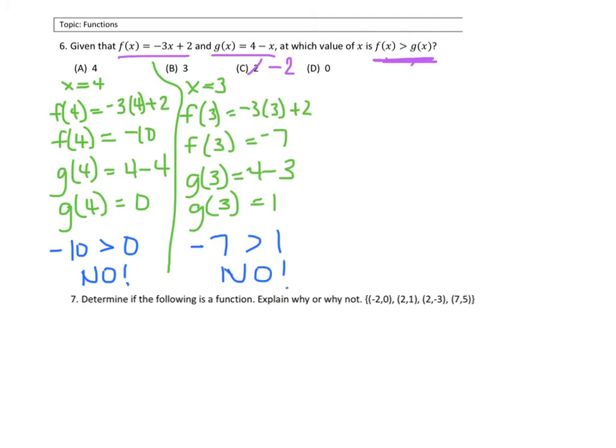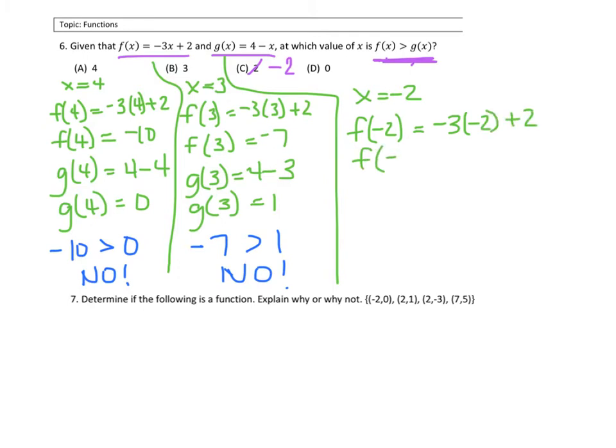Okay, and so now I'm ready to look at C. C you should have changed to x equals negative 2. So f of negative 2 is equal to negative 3 times negative 2 plus 2, which would be 8. g of negative 2 is equal to 4 minus negative 2. g of negative 2 here would be 6.